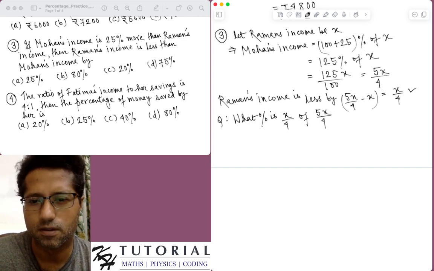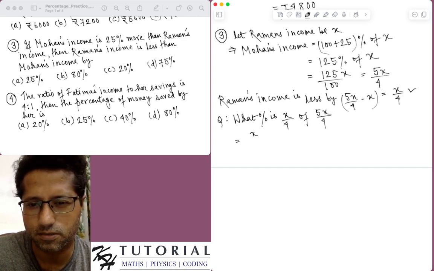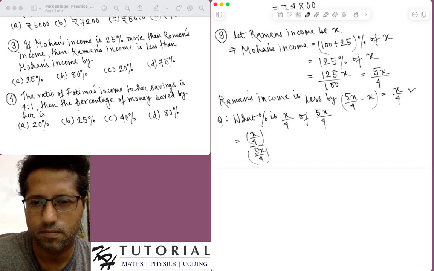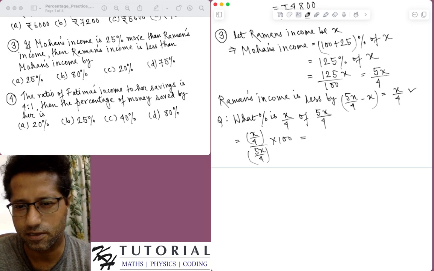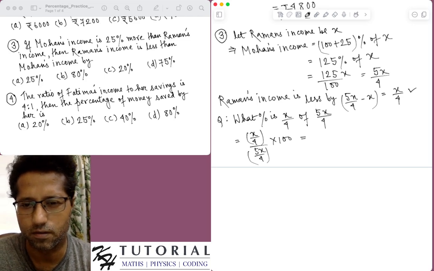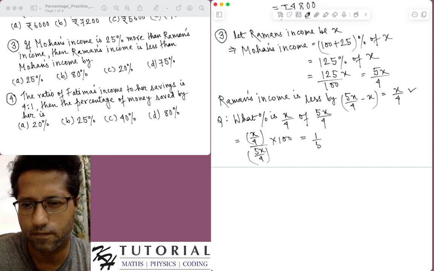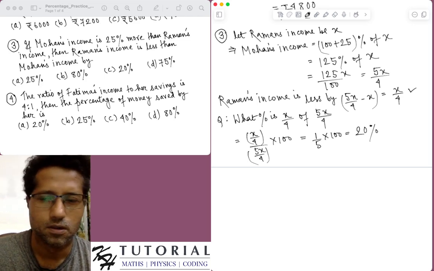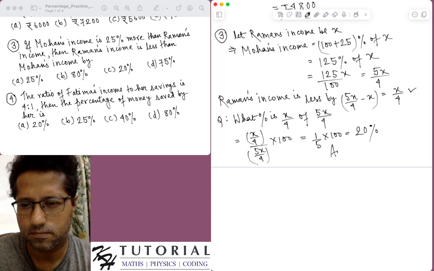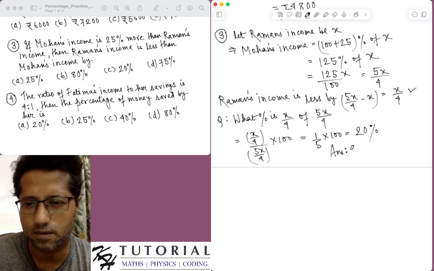This equals x by 4 divided by 5x by 4 multiplied by 100. x cancels out, also 4 cancels out, then this is 1 by 5 into 100, this is 20%. So the answer is choice A.